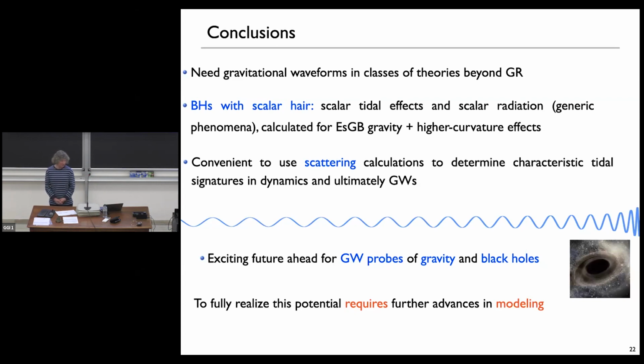So I've not seen specific studies of exactly this scalar field in this particular theory as a dark matter candidate. I've seen this theory also used to explain dark energy. But yeah, that could be a possible future direction, I guess.